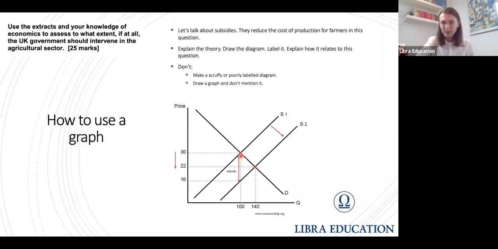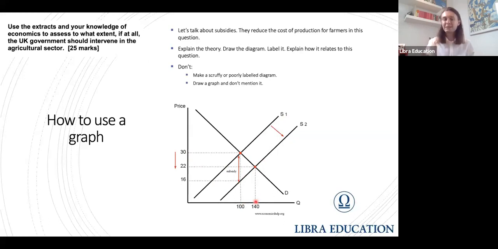This reduces price from 30 to 22. It increases supply from 100 to 140.